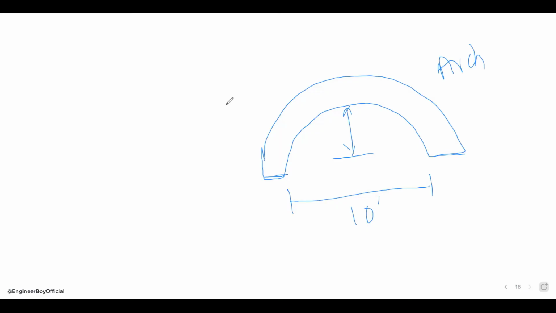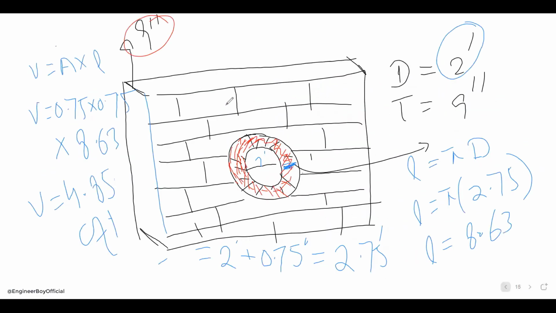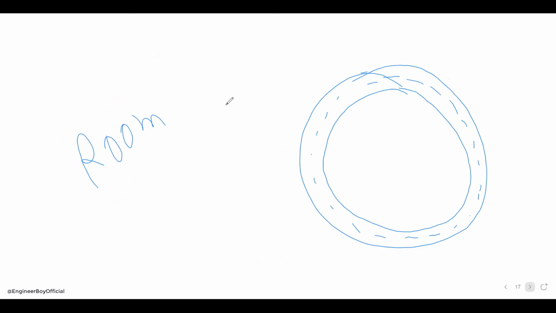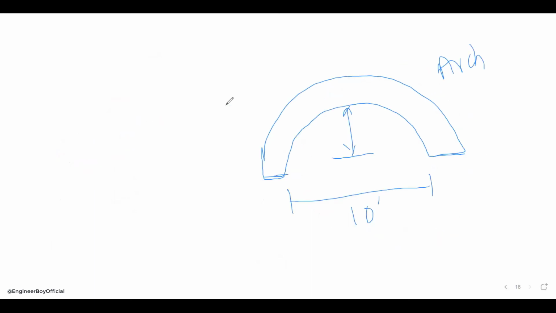That is very simple, because from the previous one, if you just divide this volume by 2, you are calculating the volume of a semicircular arch. So we will not waste our time calculating those things. Now, this is just going to be segmental, right? And let's say this is 2 feet, okay? Any problem?